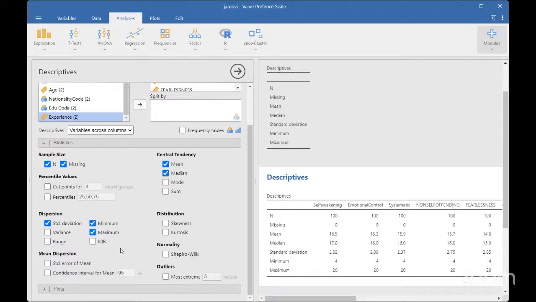The mean and SD. Sir, mean and SD is there. It's there, sir. Mean and standard deviation.